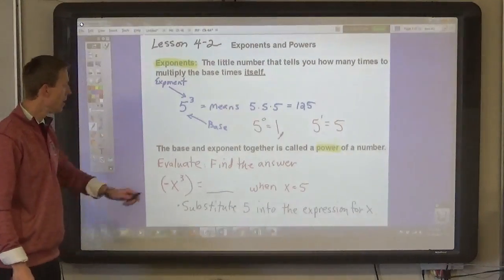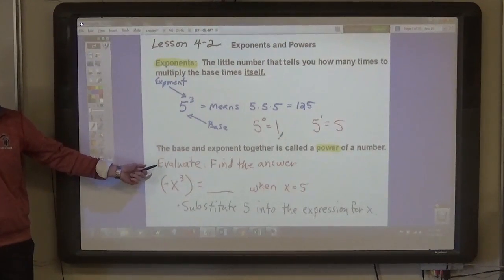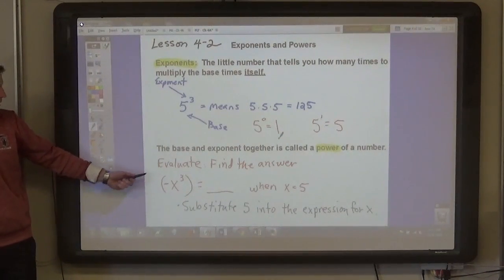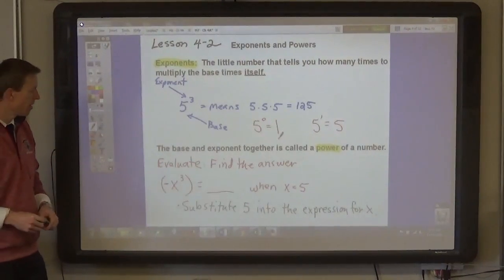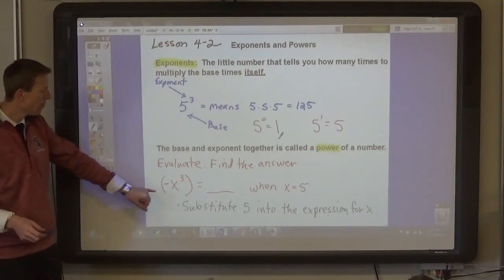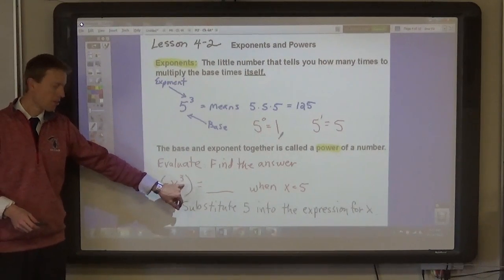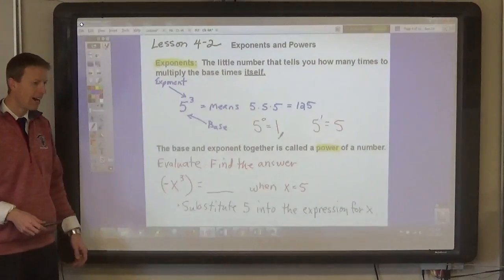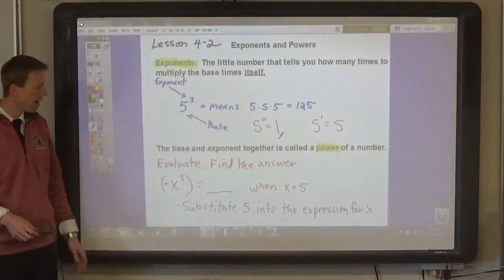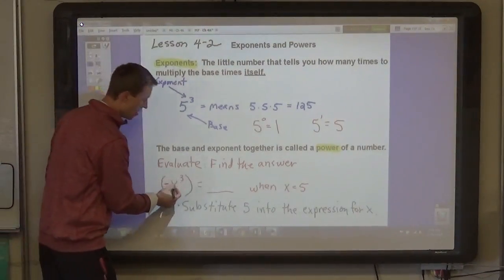Okay? Now today we're going to spend more time talking about evaluating powers of numbers. Evaluate means to find the number answer. So you'll be given expressions like this: negative x to the 3rd power. So if x equals 5, you substitute 5 in the place of x.